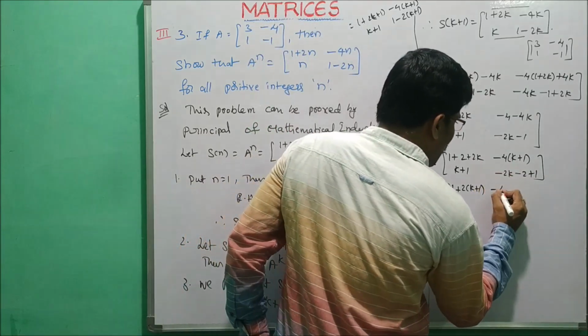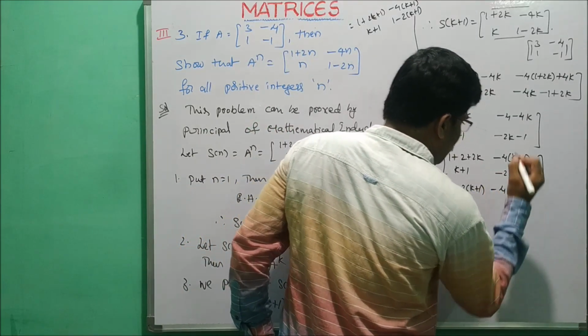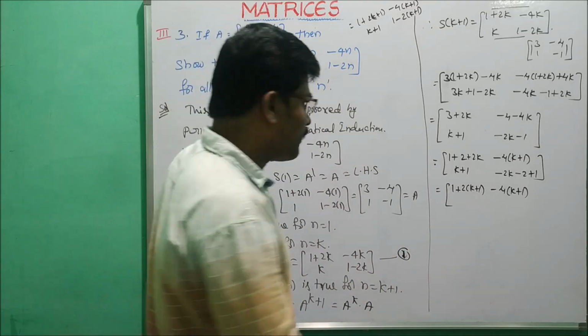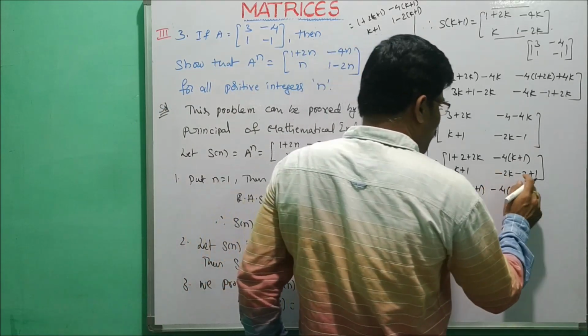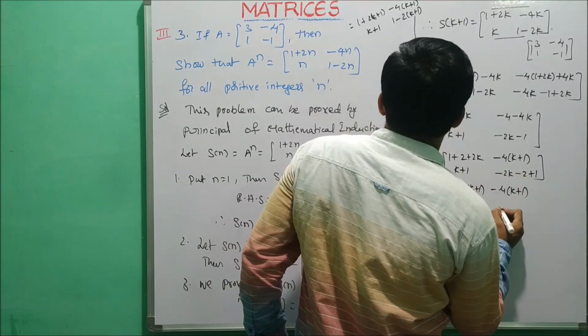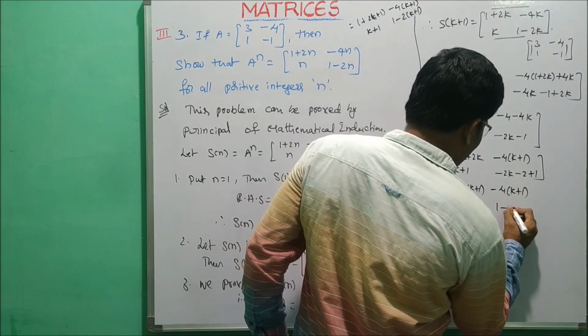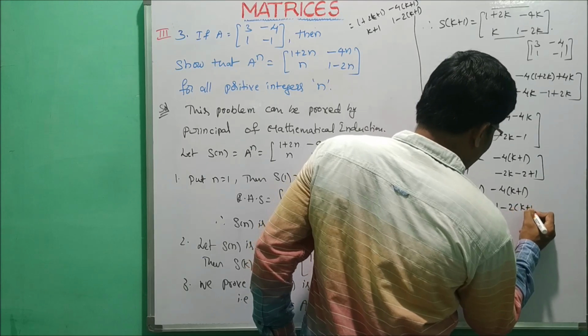In that, already there is the element minus 4 into k plus 1. So the third element is already there, k plus 1. Now here we take common minus 2. Now we write this as 1 minus 2 into k plus 1.